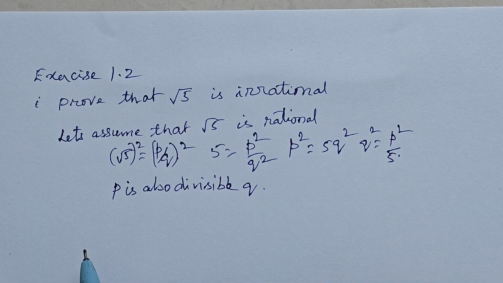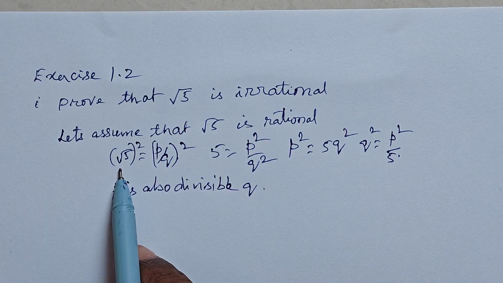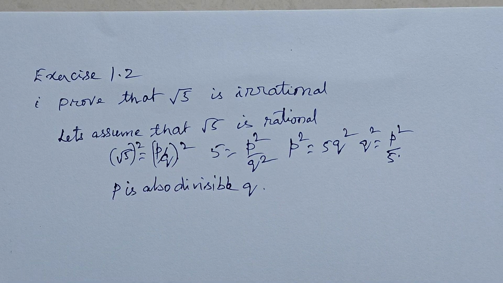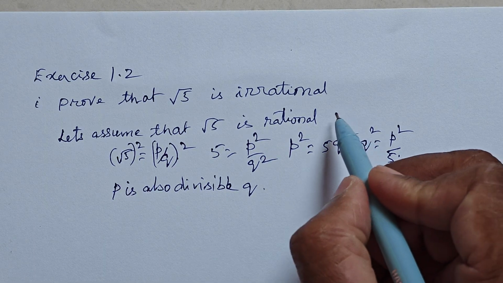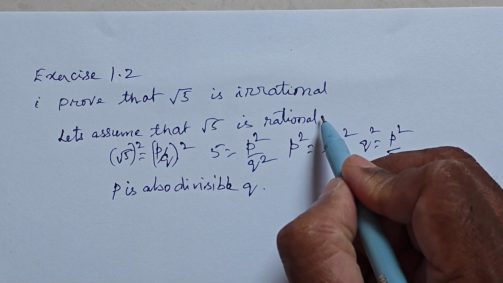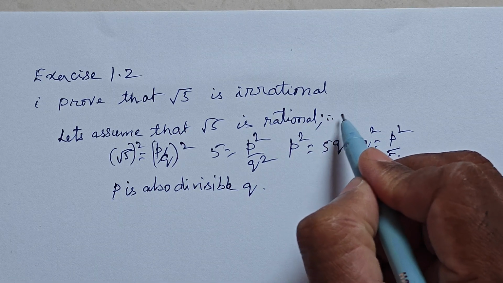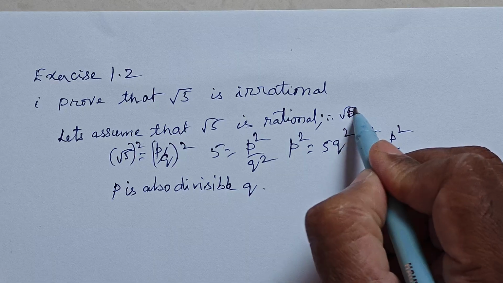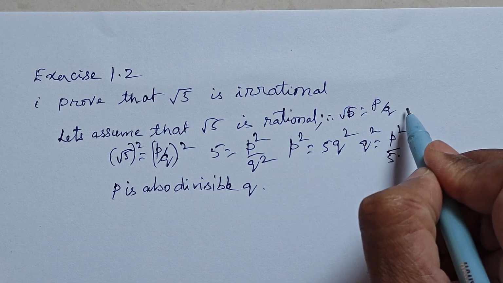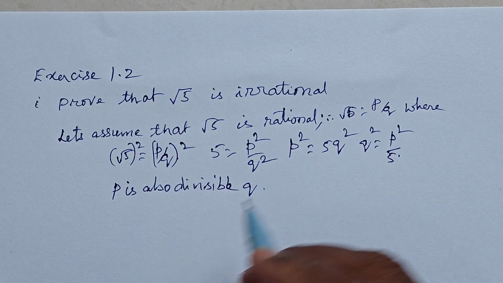And a very important thing here: whenever you are assuming root 5 is equal to p by q, p and q are always co-prime. When you are writing that line, you had better write it here. So therefore root 5 is equal to p by q, where p and q are co-prime.